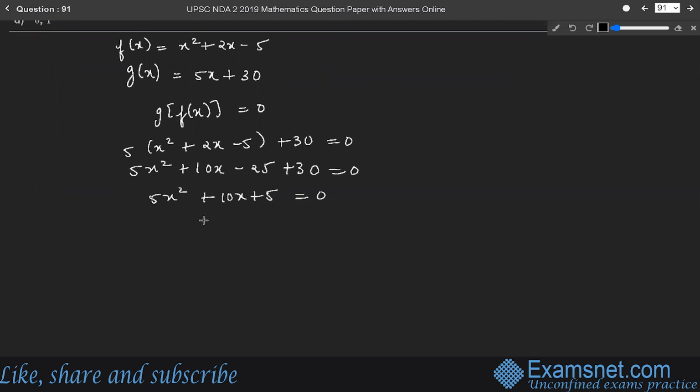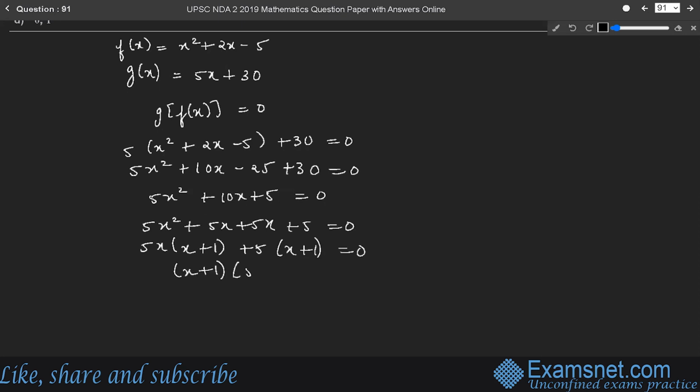Now on factorizing this, we can write it as 5x^2 plus 5x plus 5x plus 5 is equal to 0. Taking 5x common, remaining terms will be x plus 1. Taking 5 common, remaining terms will be x plus 1. So the factors will be x plus 1 and 5x plus 5.